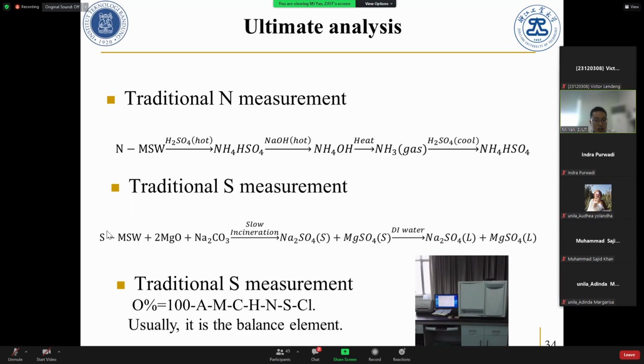So we burn it and it becomes this compound. Then we use DI water to dissolve it, so the solid becomes liquid. After it is liquid, we can analyze it by chromatography. So that is the traditional sulfur measurement.